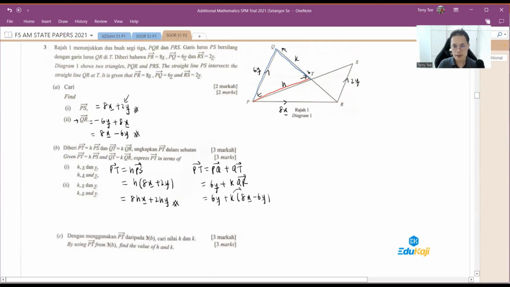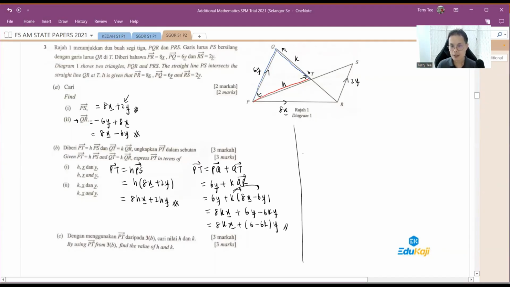Now we're going to multiply the k inside one by one. This will give us 8kx plus 6y minus 6ky. Put together your y, factorize your y. Here you get (6 minus 6k)y. There you go. You got two versions of PT.